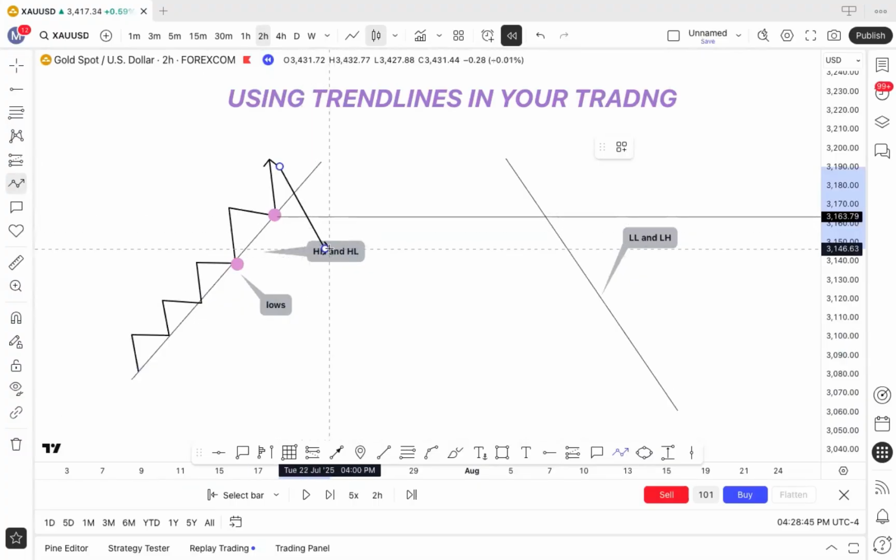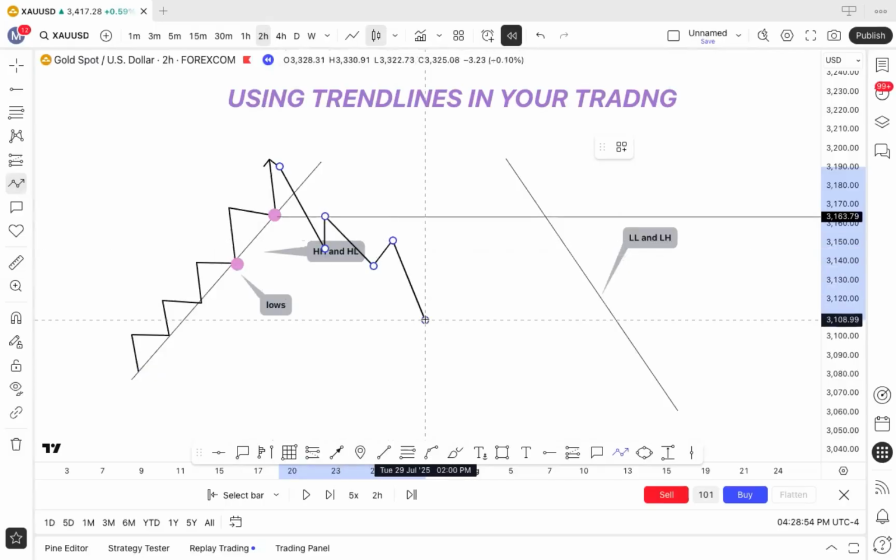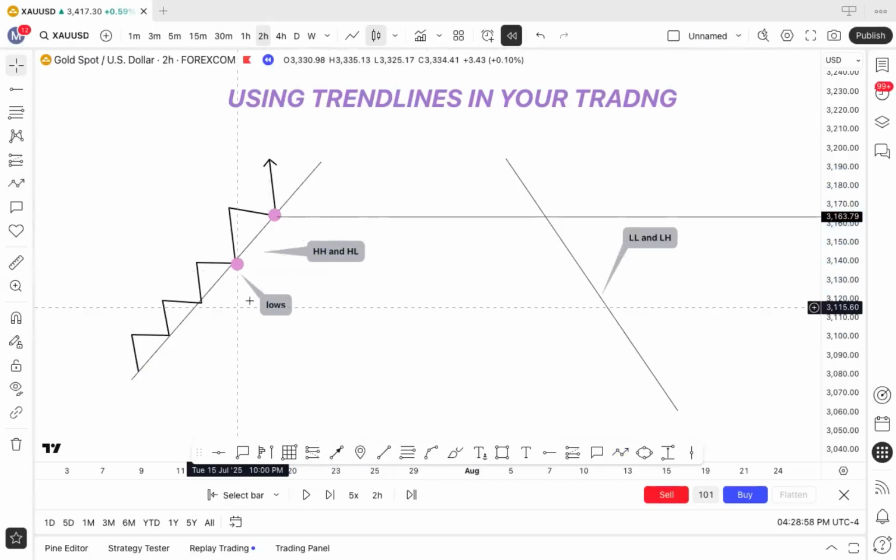It'd be a lower low. Why? Because we're lower than this one. So that could maybe cause price to do what? Continue pushing down. So by drawing your trend line at the bottom, guys, you are able to ensure that this structure, bullish market structure, is truly being formed.